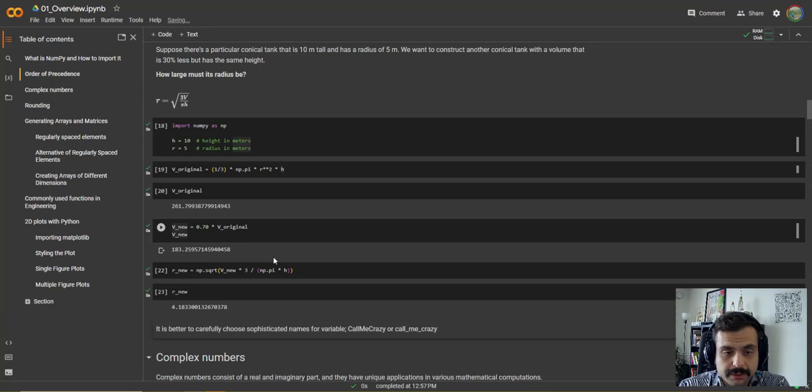So those are very important. Try to be clear with your dimensions, with the abbreviations you use and what they stand for, and try to use a clear naming convention like original V, new V, or desired V, new R. Try to distinguish between those.